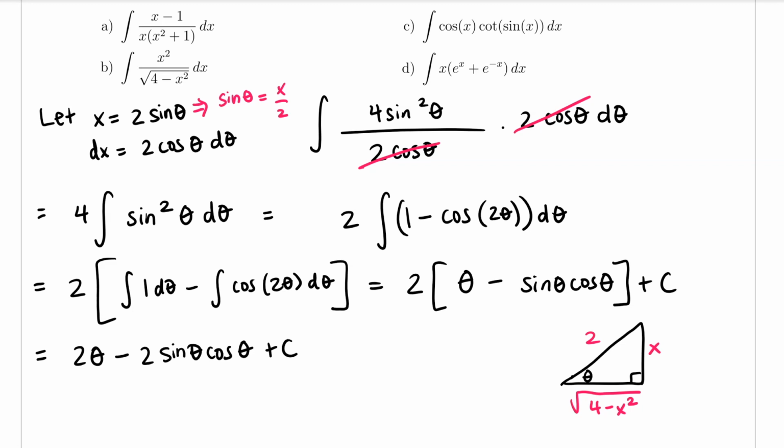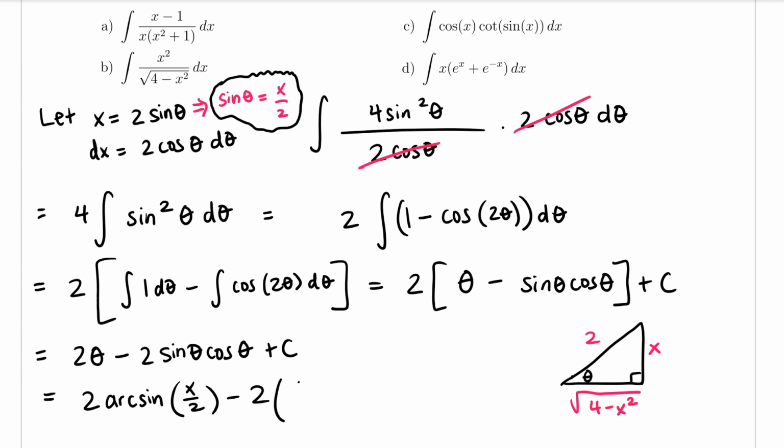So now that we have this right triangle, it'll make it easier for us to fill in these values. So we have 2 times, and from this equation here, we can apply arcsine to both sides of the equation and get that theta is equal to arcsine of x over 2. And then we have minus 2 times sine of theta, we already know is equal to x over 2.